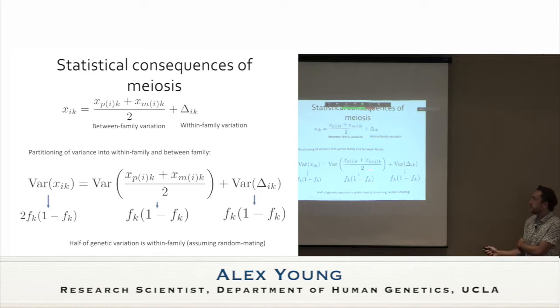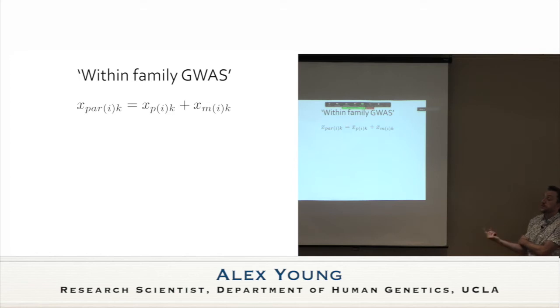If parents are both heterozygous, then the average is the expectation. It depends on the population frequency as well. So it's basically just the deviations around this average. If you take the individual's genotype and subtract the average of the parents, that's what that is. It can be positive or negative, I should point out, and it has expectation 0.